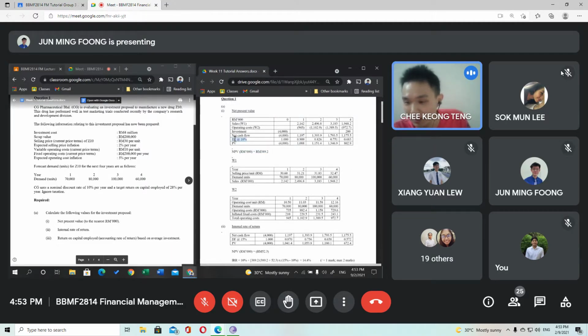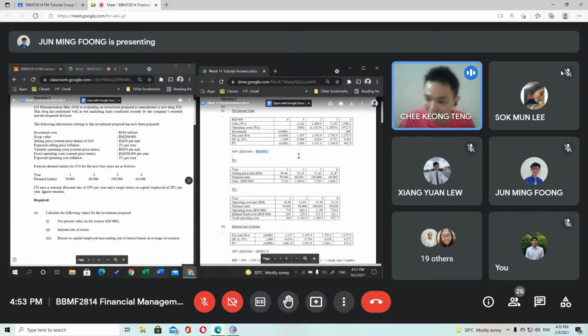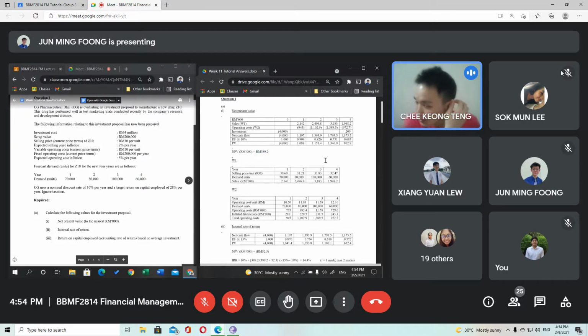From the question, nominal discount rate 10%, we get a positive NPV. And if you were to calculate IRR in the final, and you are not given the other rate, you need to estimate yourself what percentage to use. Okay, Xiang Yuan, why do you know you need to use 15% for another rate?